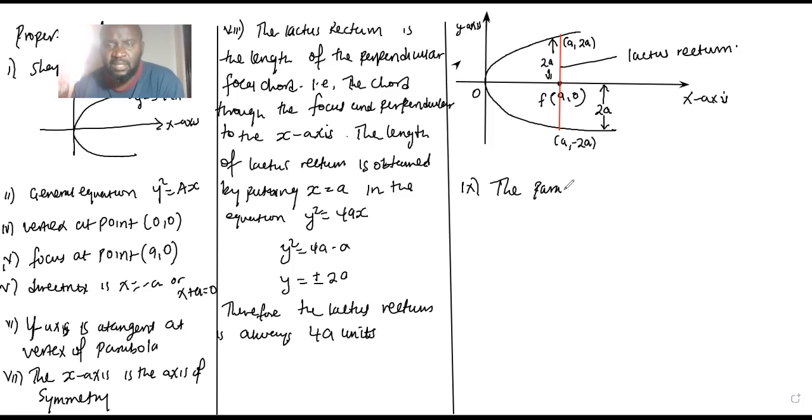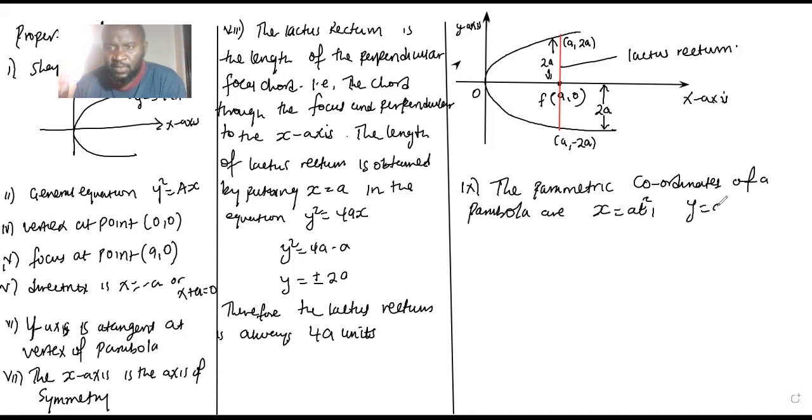The parametric coordinates of a parabola are x is equal to at squared and y is equal to 2at. You've seen some of these in Backhouse 1, but you didn't know that it was a parabola by then, where t is a parameter.